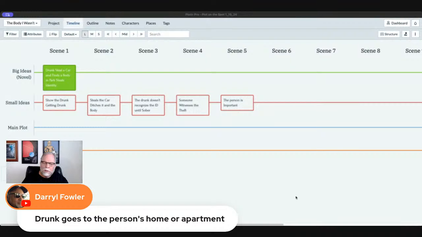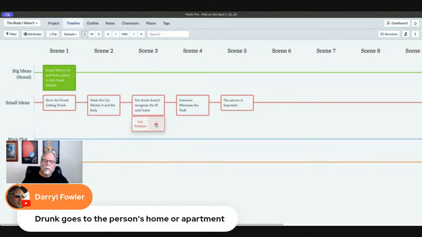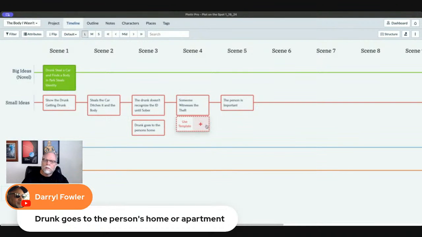Drunk goes to the person's home, and the drunk is an ex-con. Okay. We're going to stack some of these so we don't run out of room. So the drunk is an ex-con.